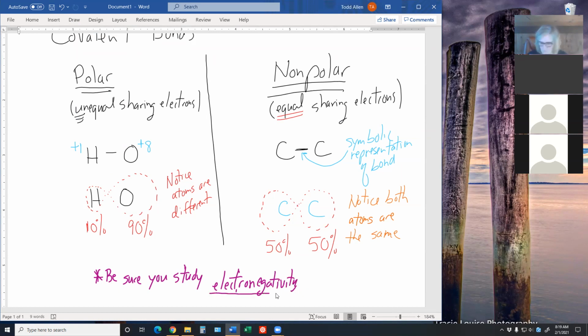Electronegativity is a boldface word on the left side column of text on page 35. Be sure that you have a working understanding of what electronegativity is and see if you can incorporate your knowledge of electronegativity into your understanding of chemical bonds.